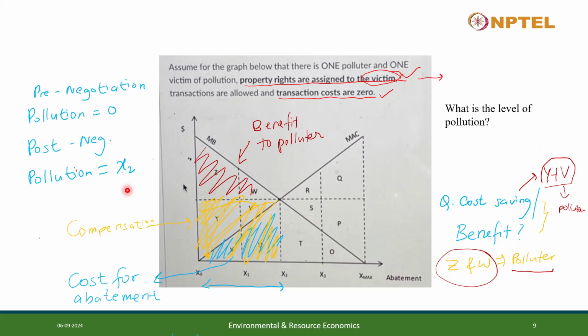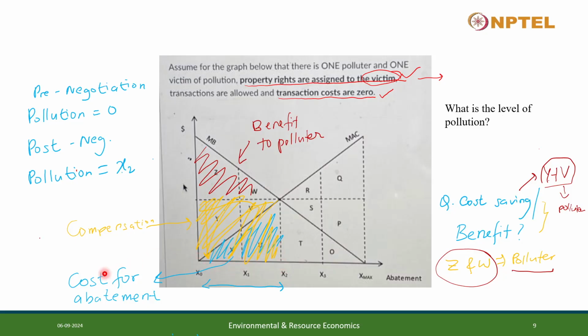Now when there is negotiation, what will be the benefit to the polluter? This red part is the benefit to the polluter. And the polluter has to give some compensation for pollution to the victim, right? So this yellow part will be the compensation, and this blue part will be the cost of abatement which the victim has to incur to abate the emissions, that is till the level of x2, which is done by the polluter.